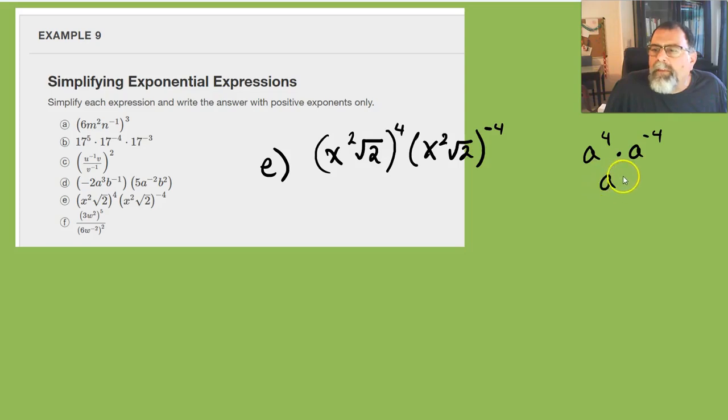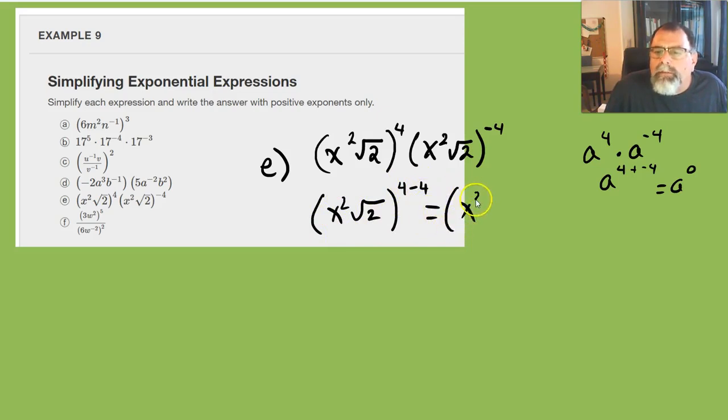Well, that's the same thing as you're going to add the exponents, so 4 plus negative 4 is 0. Okay? So I have x squared, square root of 2 to the 4 minus 4, which is x squared, square root of 2 to the 0, and we know that anything to the 0 is 1. So the answer is just 1.